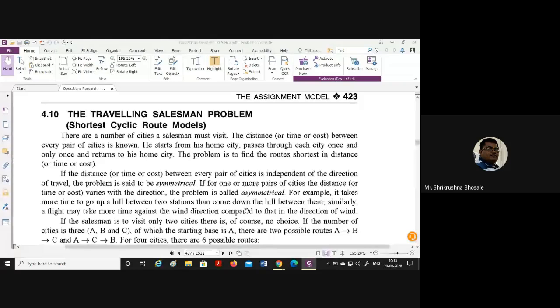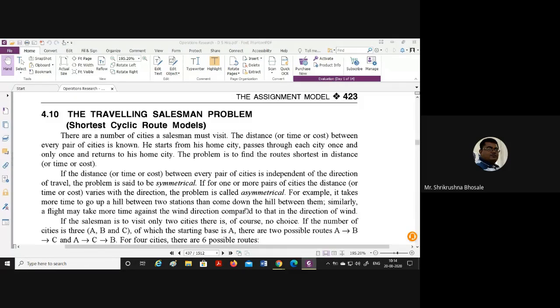That means if the salesman's journey is started from Pandharpur, he should cover all the cities, the remaining three cities. So Pandharpur is called the home city, and he should start his journey from the home city and he should come back to the home city.